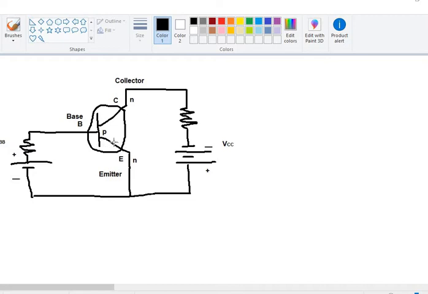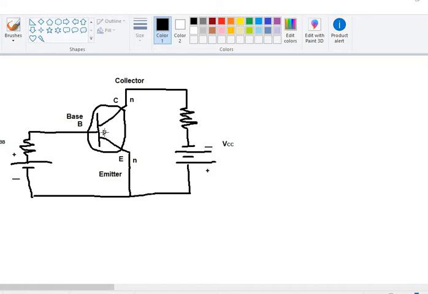Talking about the input part, to distinguish between the emitter and collector, we must put an arrow. Now the question arises, what should be the direction of the arrow, whether towards the emitter or towards the base? I told you that all the time the direction of the arrow must be from positive to negative.